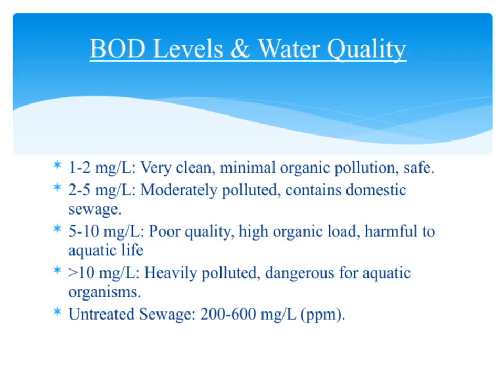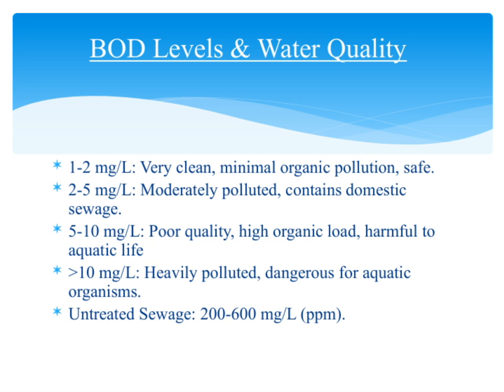Let's take a closer look at BOD levels and what they tell us about water quality. When BOD is between 1 and 2 milligrams per liter, it indicates the water is very clean, with very minimal organic pollution, making it safe for aquatic life and human use. Moving to the 2 to 5 milligrams per liter range, the water is moderately polluted and may contain some domestic sewage, but it's not yet critically harmful.